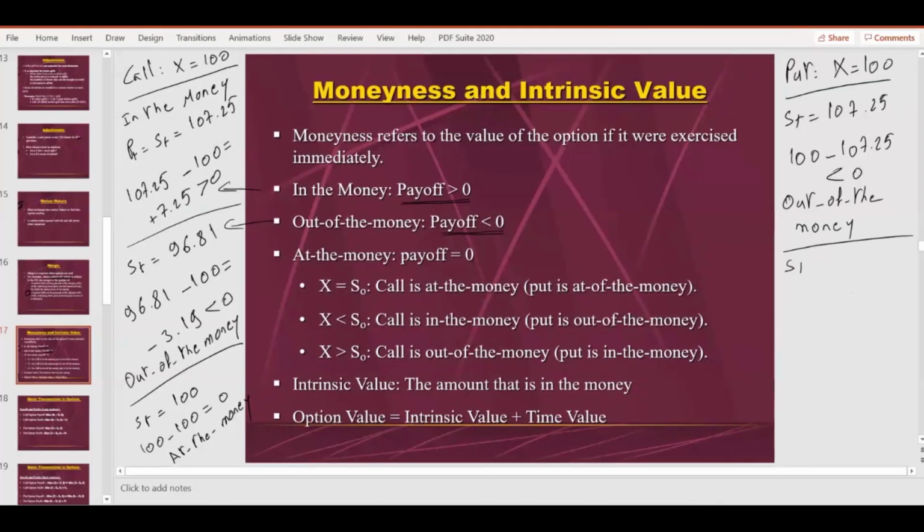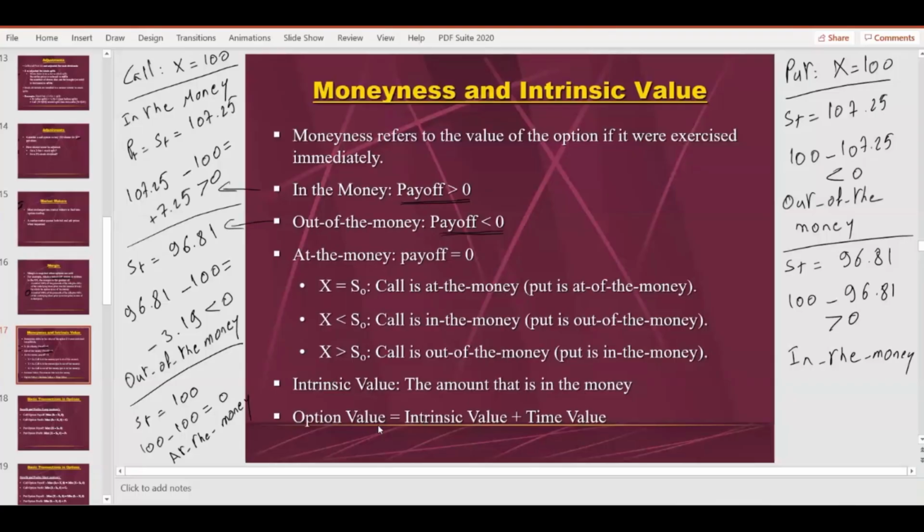Now, in case the price was equal to 96.81, the payoff is 100 minus 96.81. This is greater than 0, and I can say that this option is in the money. And finally, if the price is equal to $100, equal to the strike price, this means that the option is at the money.